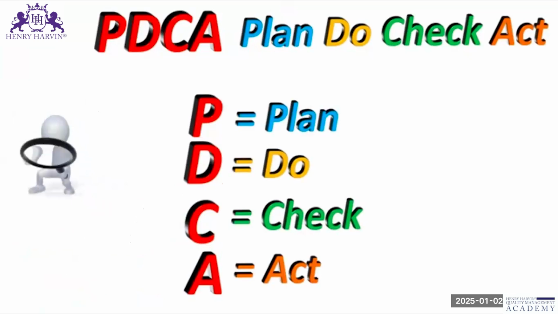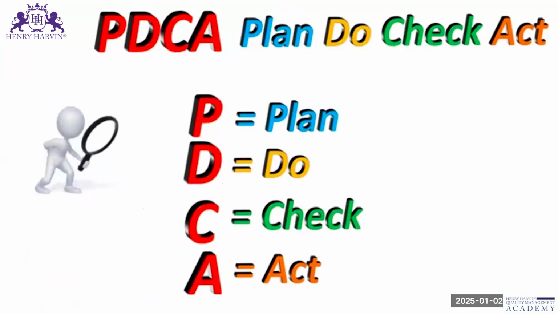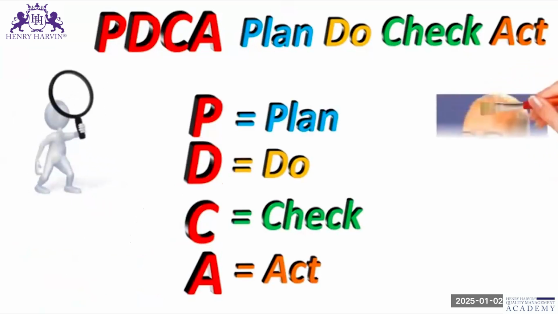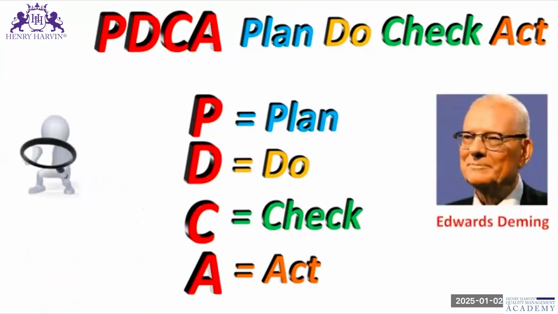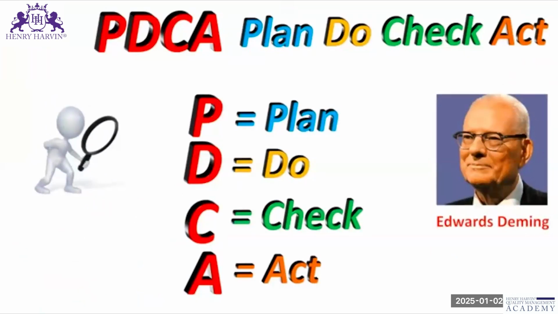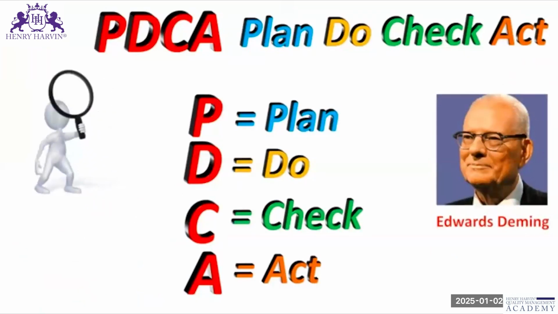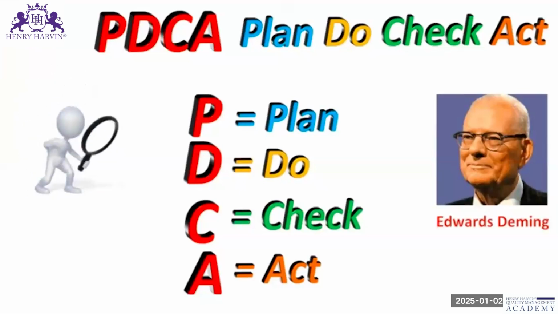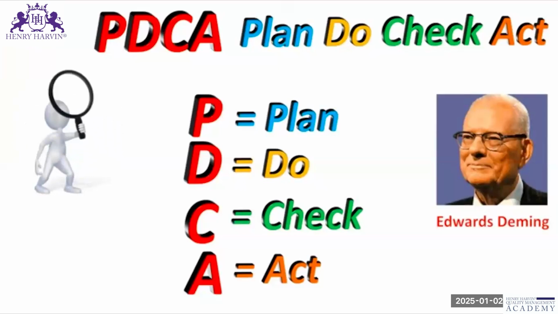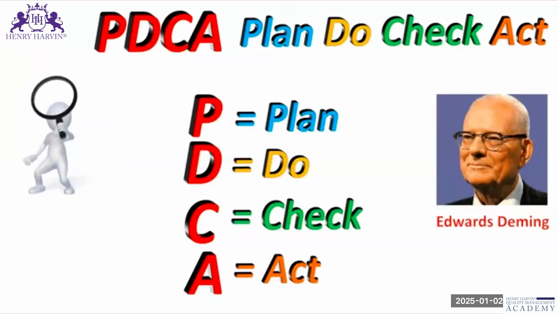It was first introduced in the year 1920 by Walter Shewhart and later popularized by Edward Deming. Deming himself credited Walter Shewhart as the creator of this cycle. Deming was tasked with helping Japan rebuild its economy in the 1950s so that they could compete in the world market in the future.